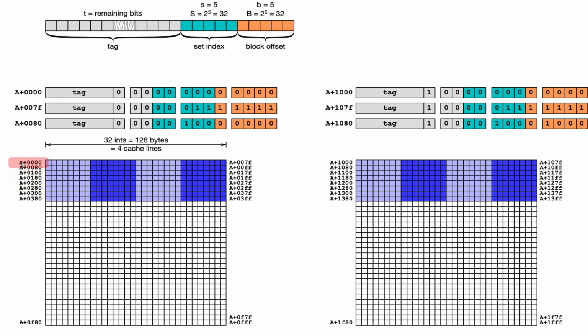Well, if you notice here, the cache location for this first group of 8 integers in A is going to be in set index 0, but the first 8 integers here in matrix B are also going to be stored at set 0. So if we read something from A, we're going to see a cache miss because we haven't brought anything in from memory yet. We're going to bring in these first 8 values from A and then satisfy the read request from the first location. Then we're going to try to write that into B.